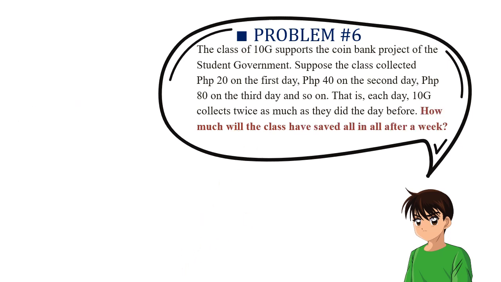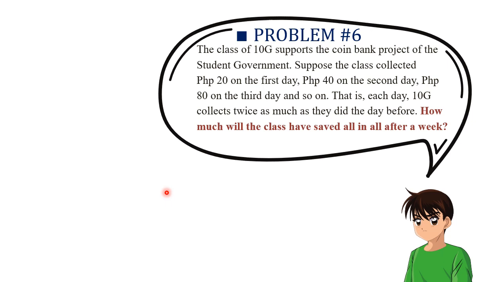Here in our next problem, guys, as you can see, it has the same scenario with the problem number 5. But the only difference is that I provided a follow-up question. How much will the class have saved all in all after a week? So that means we are going to utilize the same given data.